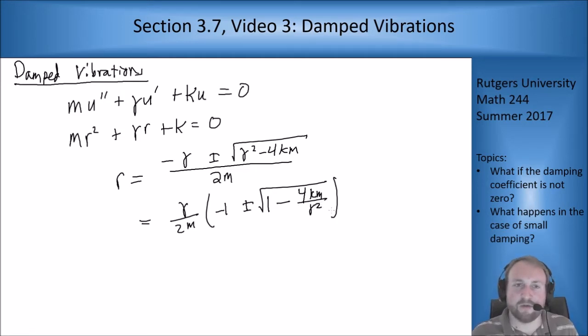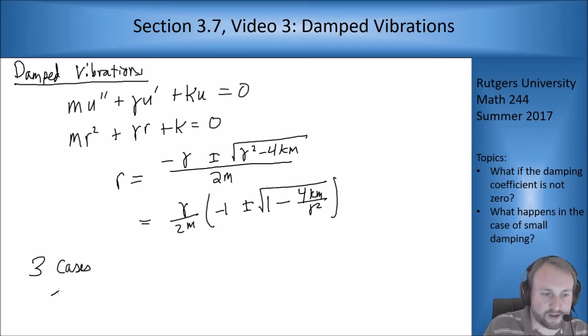Either way, that gives you the roots of this equation. As before, there are going to be three cases based on the sign of gamma squared minus 4km, whether it's negative, positive, or 0. Again, since all of our constants are positive, everything is going to be positive. So there are three cases here.